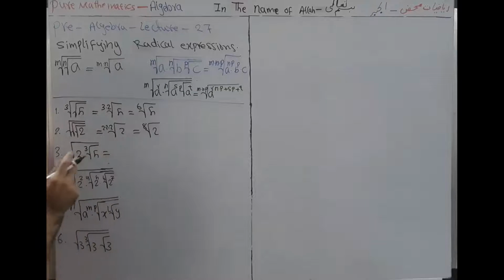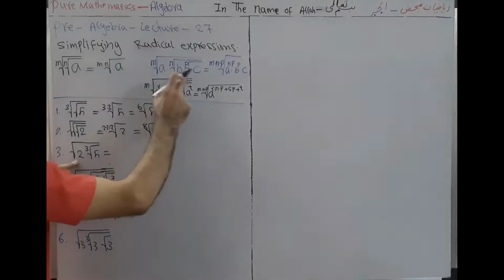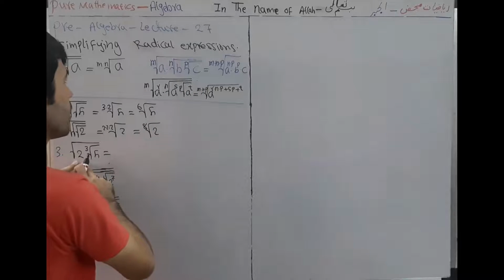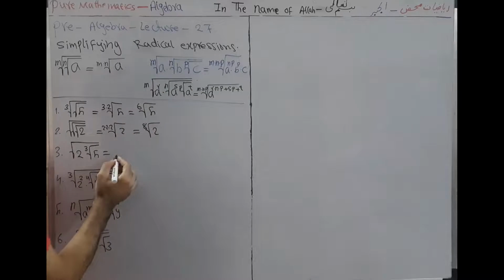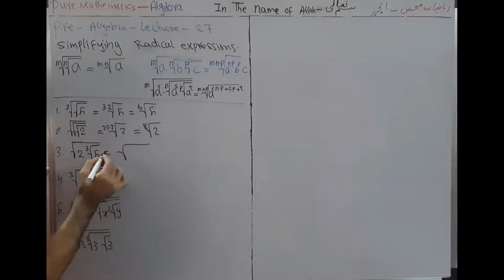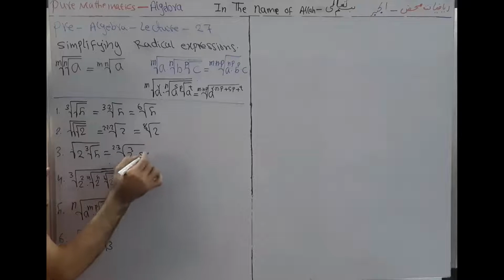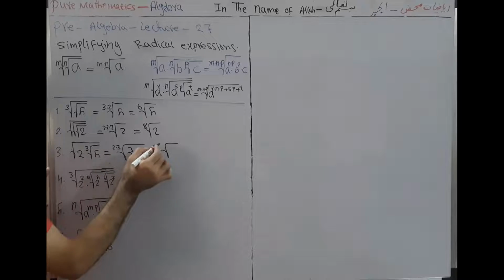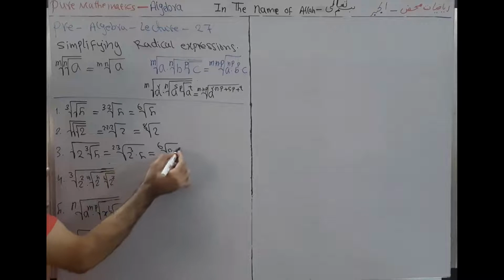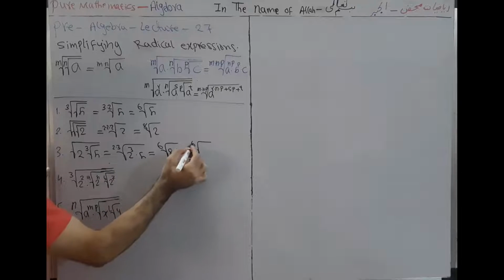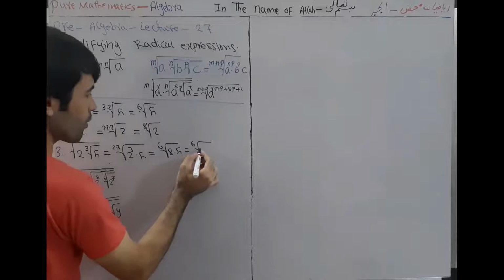It is equal to, now it is matched to this rule. So now we can write 2 multiplied by 3 to the power 3 into 5. It is equal to 2 multiplied by 3, 6, root of 8 to the power 3 multiplied by 5. It is equal to 6 root of 8 multiplied by 5, 40.